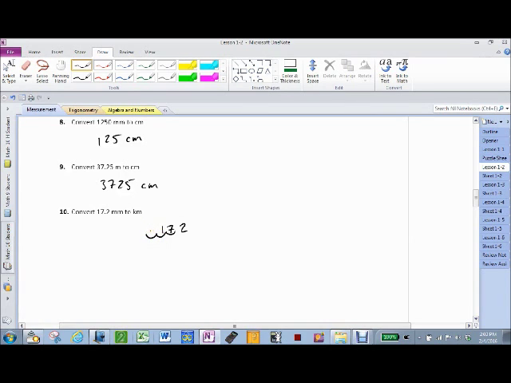What goes in the hole? 0. Decameters. What goes in the hole? 0. Hectometers. 0. And then kilometers. 0. So that would be it. Which is tenths, hundredths, thousandths, ten thousandths, hundred thousandths, millionths, ten millionths. 172 ten millionths of a kilometer.